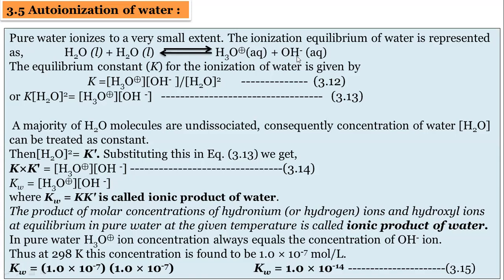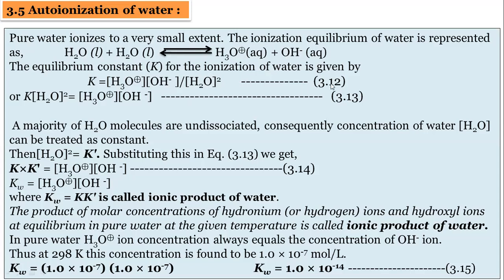Then equilibrium constant, you know how to calculate this equilibrium constant according to the law of mass action. So K is equal to the molar concentration of H3O plus into the molar concentration of OH minus divided by H2O, so it will be taken as H2O square.